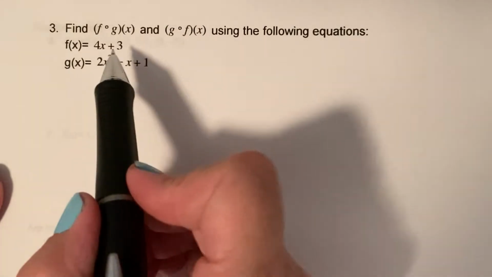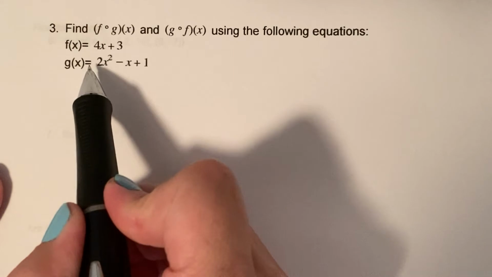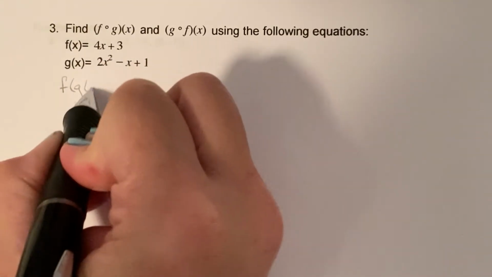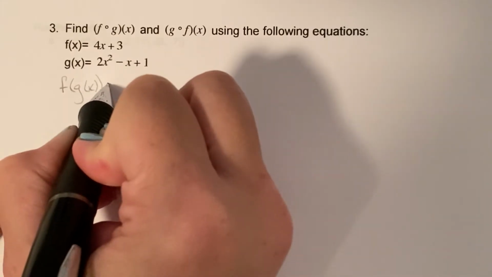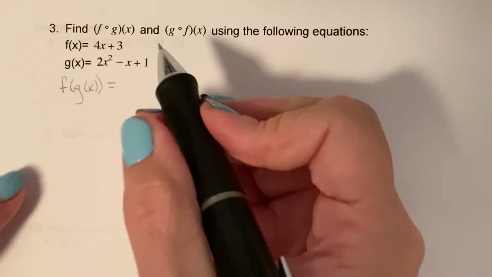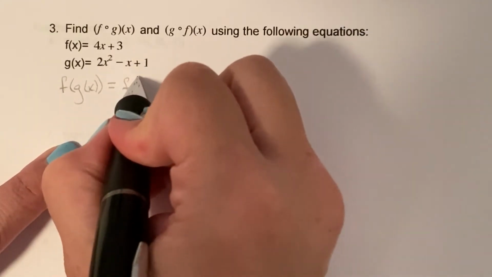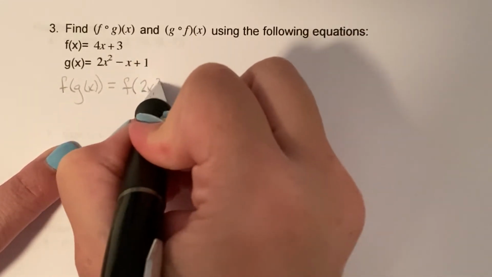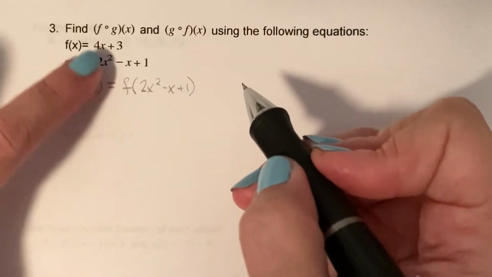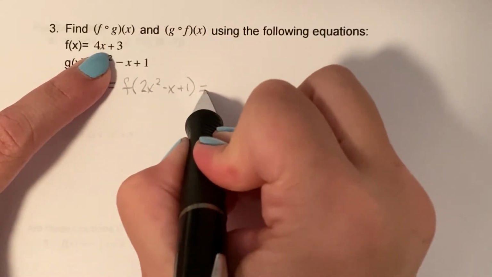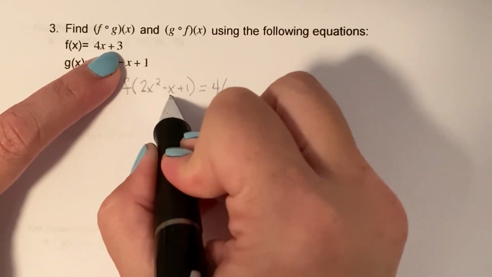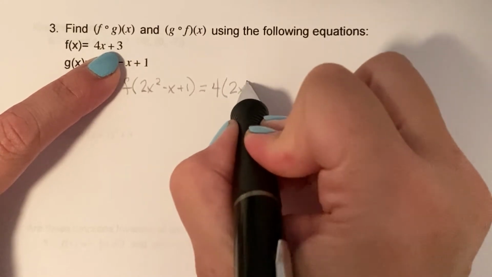Okay, now we're looking at f of g of x, but using equations this time. So for f of g of x, remember we're actually putting this equation into every x of f. So if it helps you, you can write the g function in here. Okay, now we go to the f function, we start writing the f, and whenever we get to an x, we put parentheses and input the entire equation.